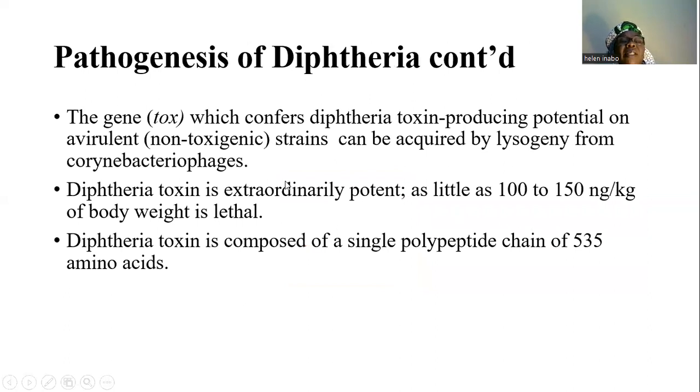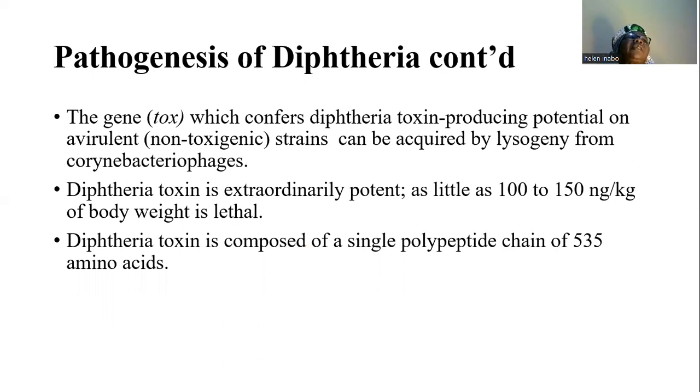The gene responsible for conferring the diphtheria toxin producing potential can convert avirulent or non-toxigenic strains to virulent or toxigenic strains through a process known as lysogeny.